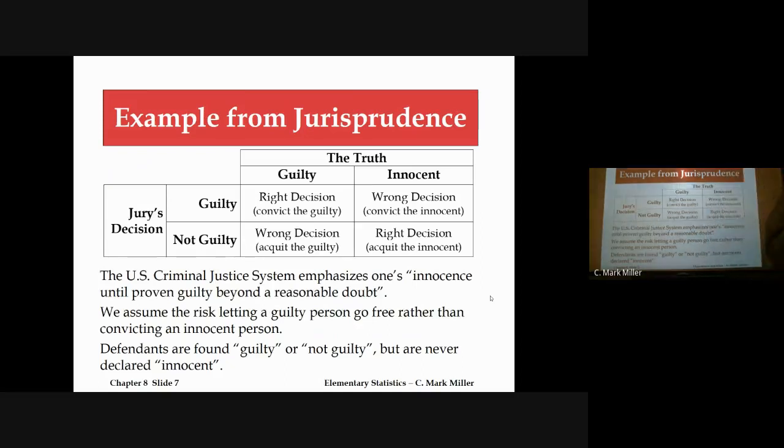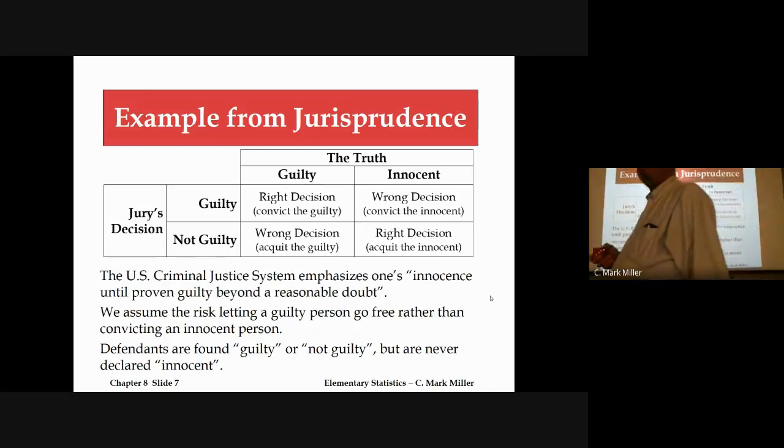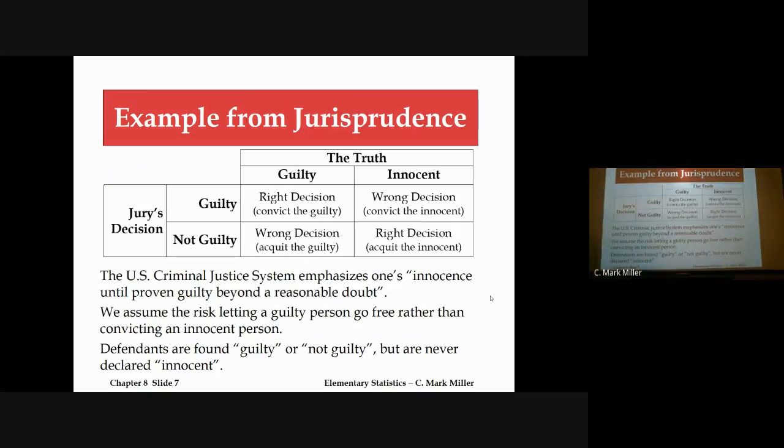But some places in the world, you're accused by the authorities and it's your job to prove yourself innocent. Here, you walk in innocent, and it's the prosecution's job to establish, not just with most of the evidence, but beyond a reasonable doubt, that the assumption of innocence is wrong.